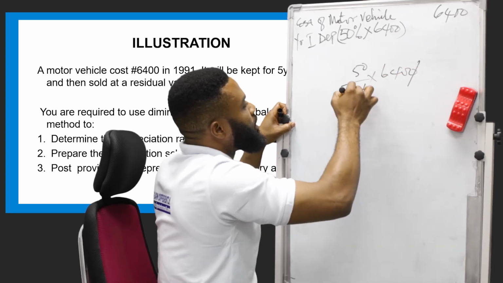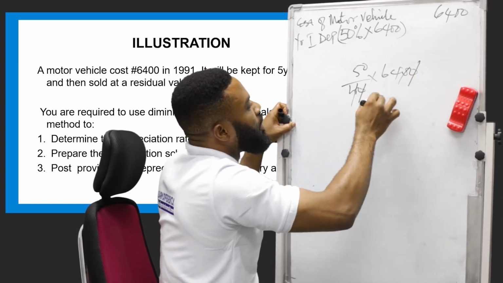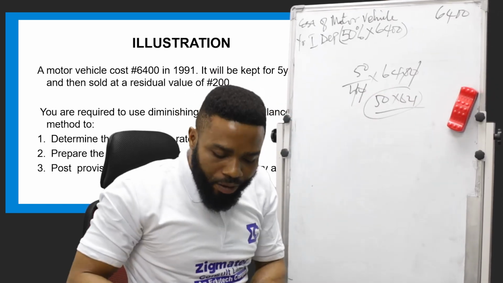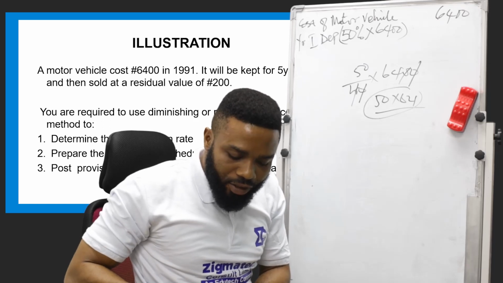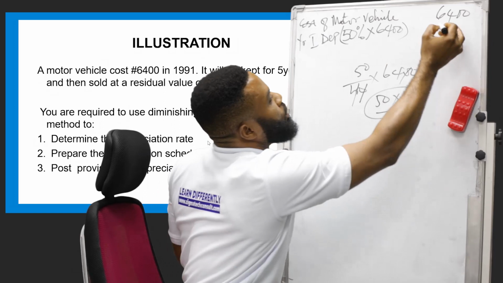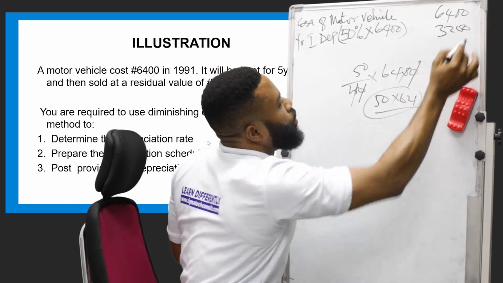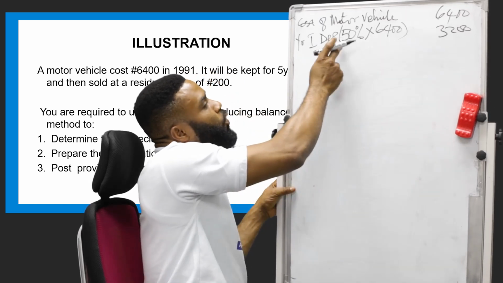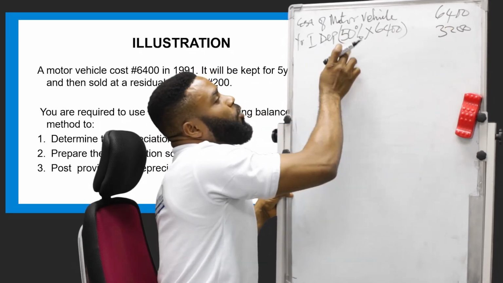This will cancel this. We'll be left with 50 times 64. So 50 times 64, it will give you 3,200. So you have 3,200. This 3,200 is your depreciation for year one.